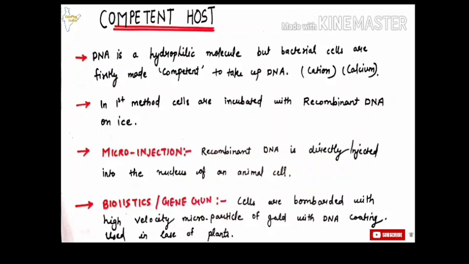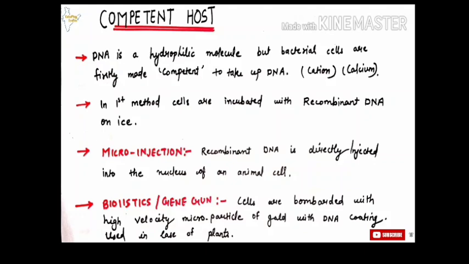The next method, generally used in plant cells, is biolistics or gene gun. Biolistics or gene gun means firing shots or bombardment. Cells are bombarded with high velocity microparticles of gold or tungsten.